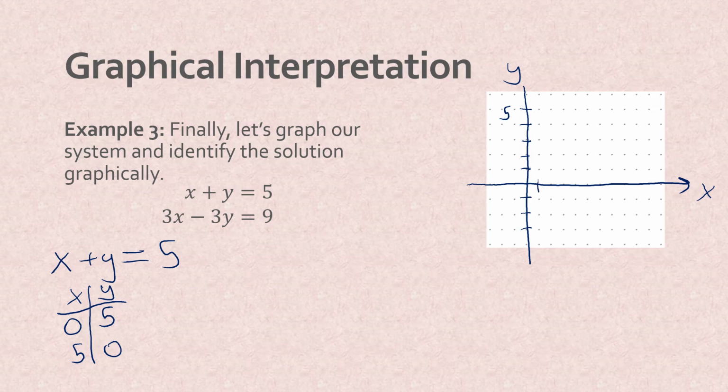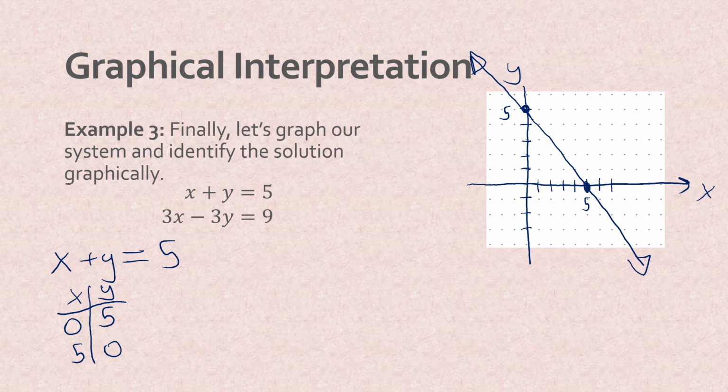I'll draw on a few more tick marks. There's 5 again. And so my first line has a y-intercept of 0, 5 and an x-intercept of 5, 0. And I connect those two, I get the line x plus y equals 5.